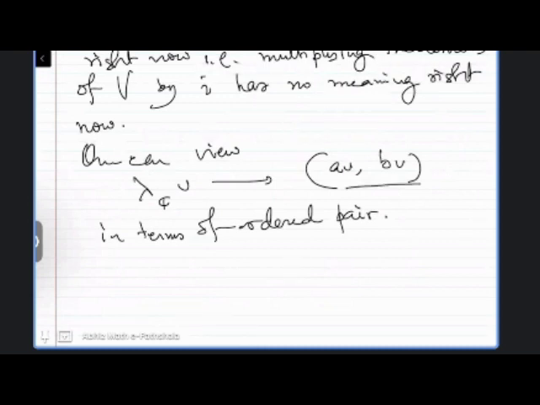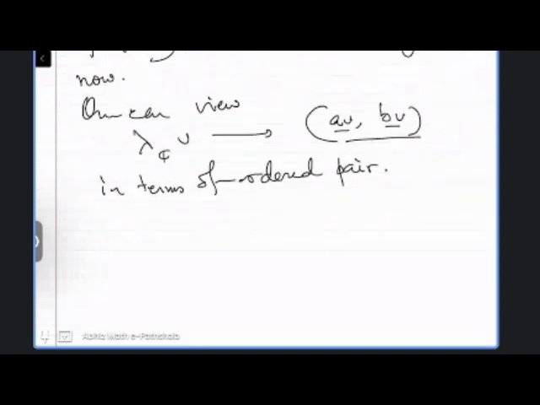Now this has a meaning because you have the scalar multiplication of v by the real scalars a and b, according to the definition for the real vector space.